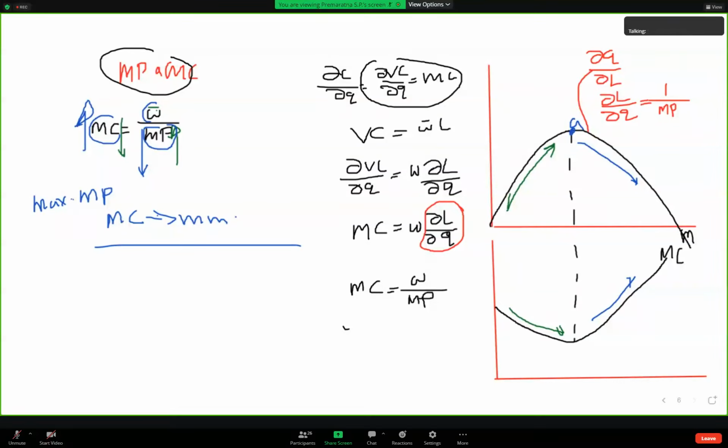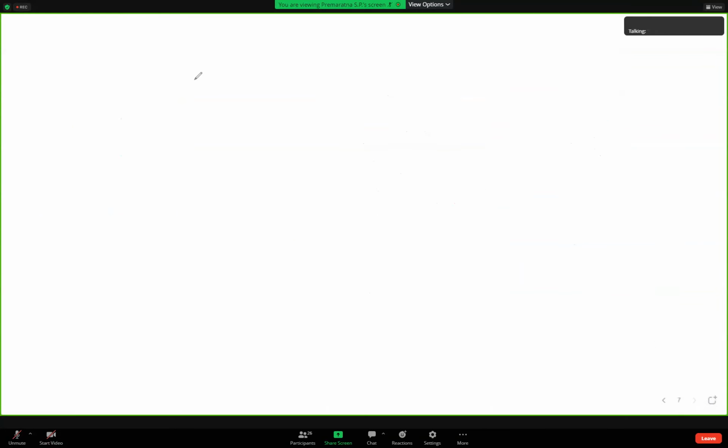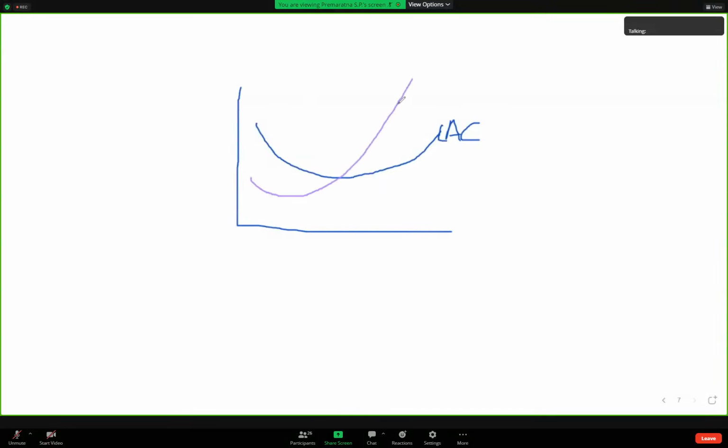Now, one thing we have to understand, like I explained before, if you take the long run situation, you have the long run average cost curve and the long run marginal cost curve. Long run marginal cost.